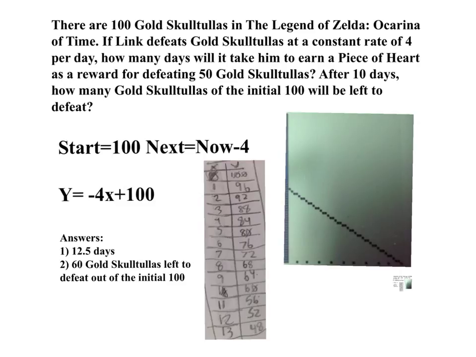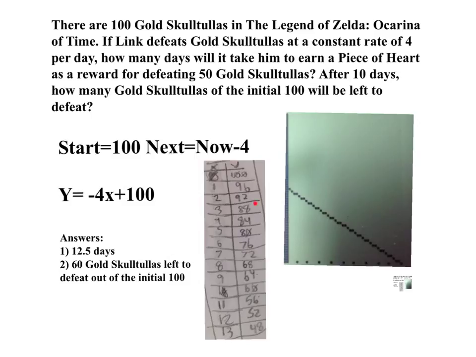So the big thing about this is a constant rate, which indicates that it will be a linear graph and table. So we start at 100 gold Skulltulas, and then we subtract 4 every day, no matter what.